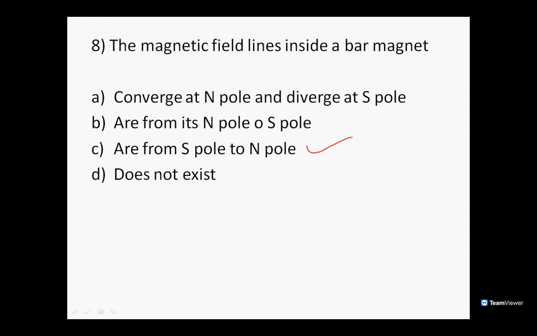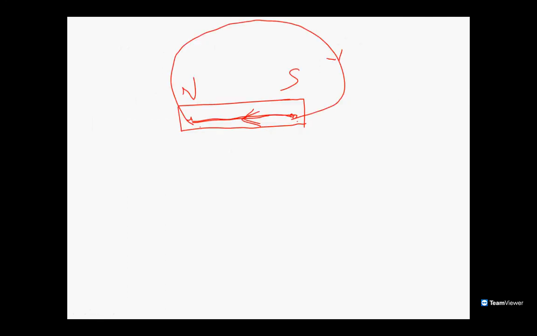At this point, it is also better to recall the difference between electric lines of force and magnetic lines of force. Electric lines of force are not closed curves, but magnetic lines of force are closed curves. Remember, students, slightly I'm deviating from the actual problem now. Here, this is a plus charge and this is a minus charge.